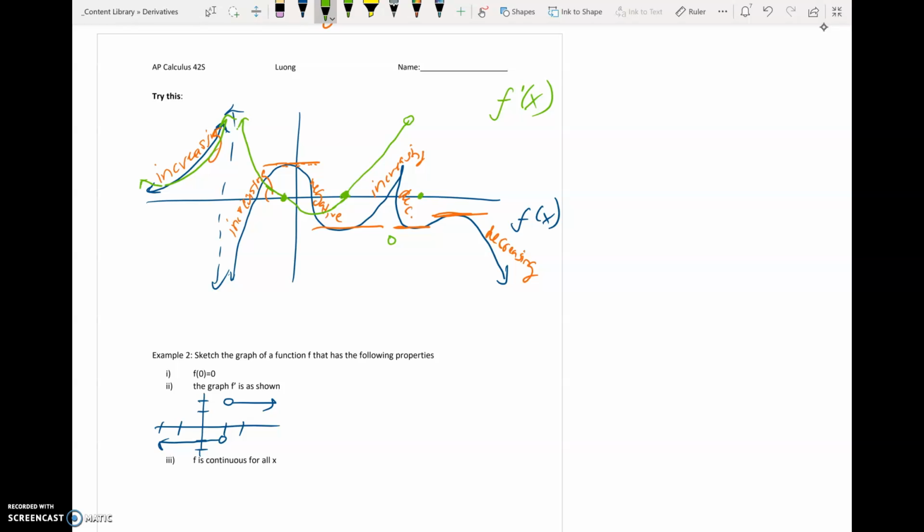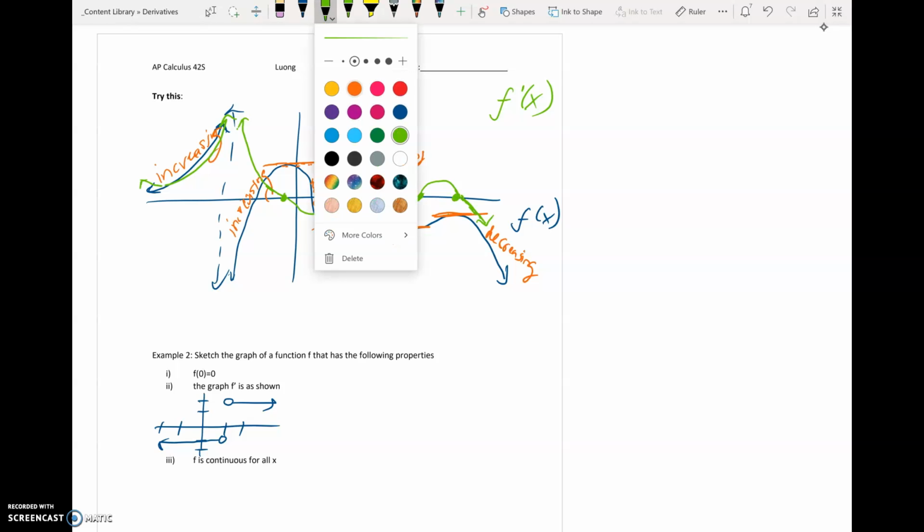And we have a 0 here because of our horizontal tangent, so we're just going to connect these like that. We have another 0 for here. This was increasing because it's going up, which means we have a positive slope. And then lastly, decreasing, so we need negative numbers in our values, so that would be a negative slope there. And the green would be your f prime of x.